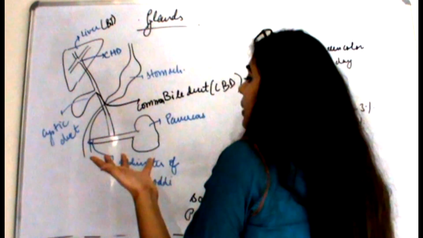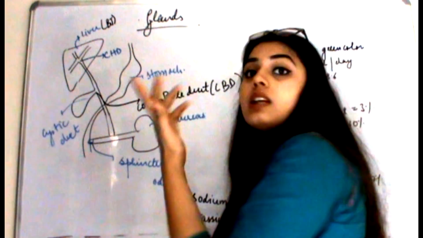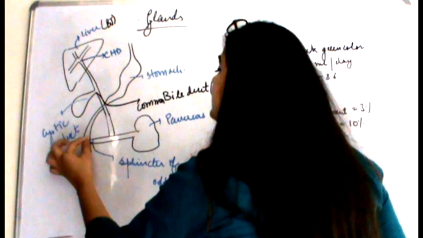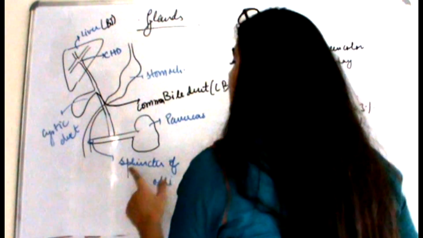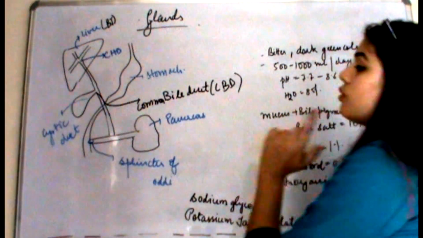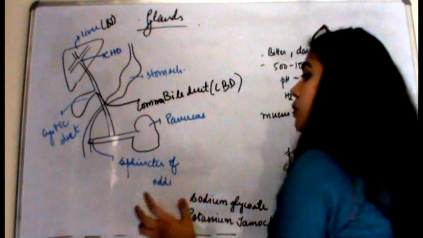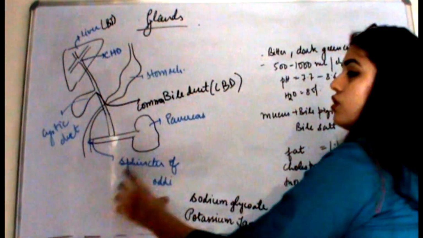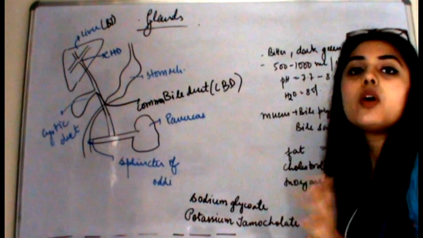As the bile juice and the pancreatic juice come out, together they pressurize and lead to the opening of this sphincter, known as the sphincter of Oddi. Through this sphincter, the juices move on to the duodenum of the small intestine.